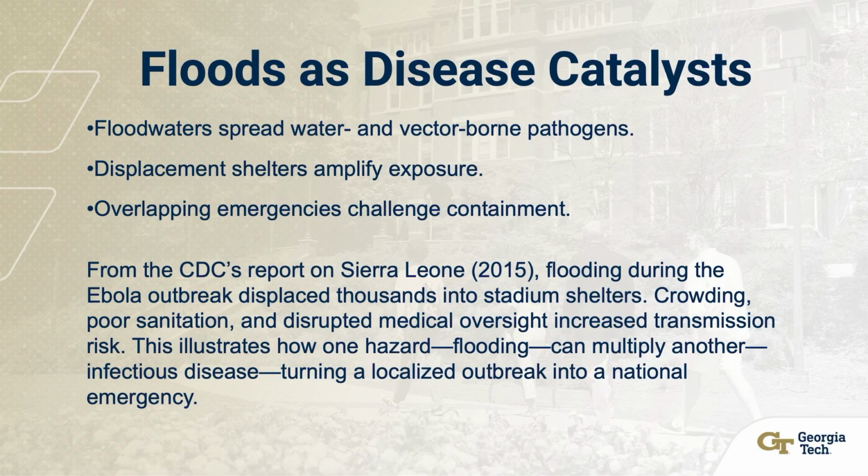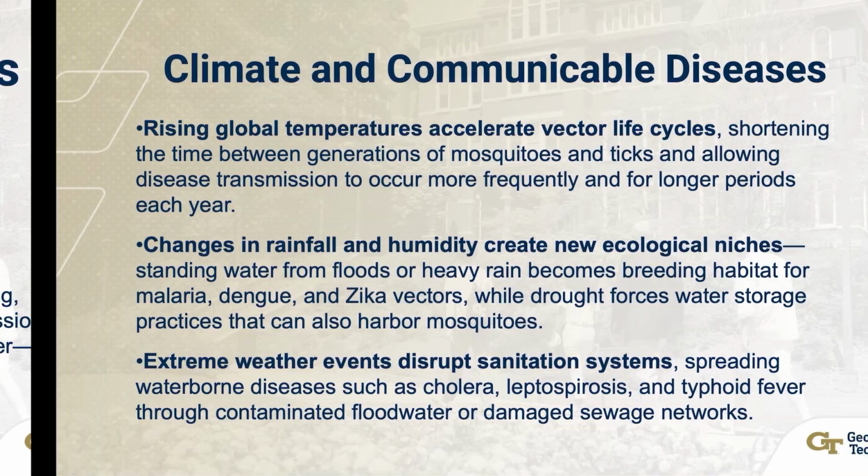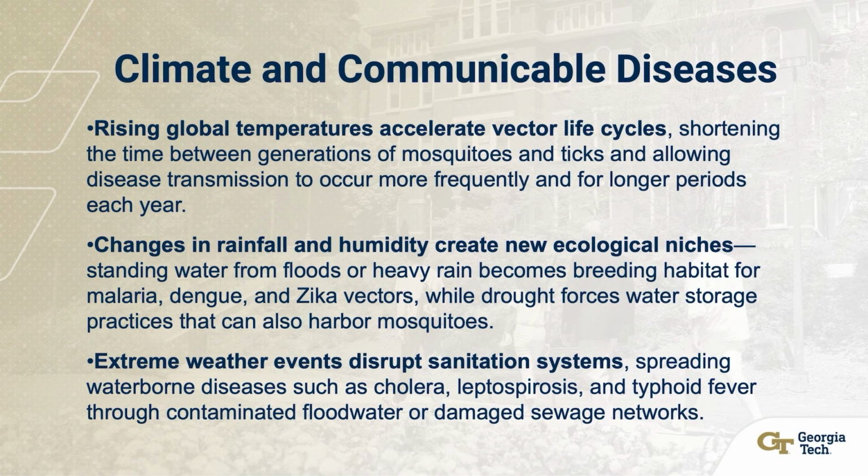This illustrates how one hazard, flooding, can multiply another, an infectious disease. And then that becomes a national, and in the case of Ebola, ultimately an international emergency. There was just so much panic and fear around that outbreak.